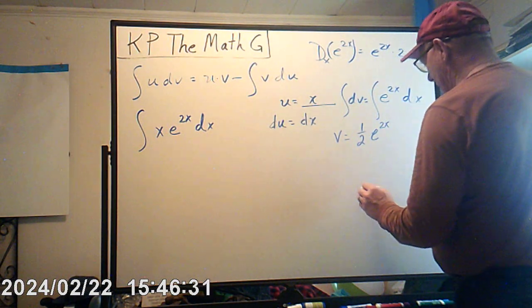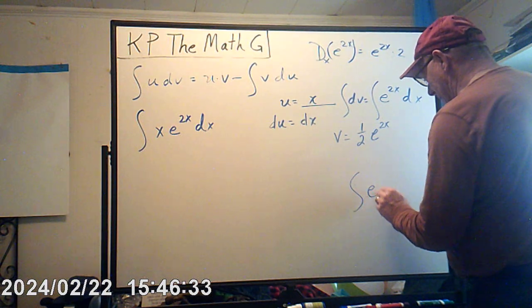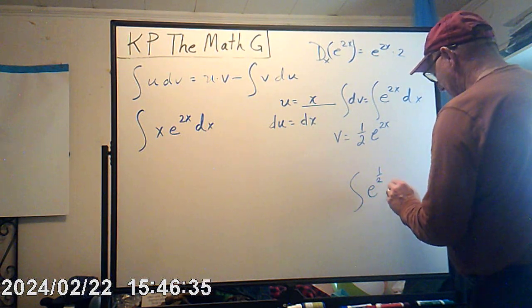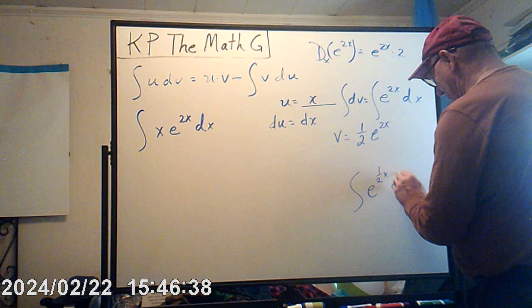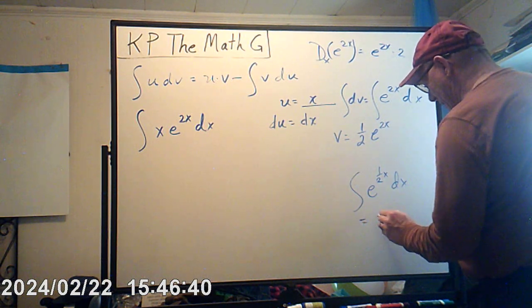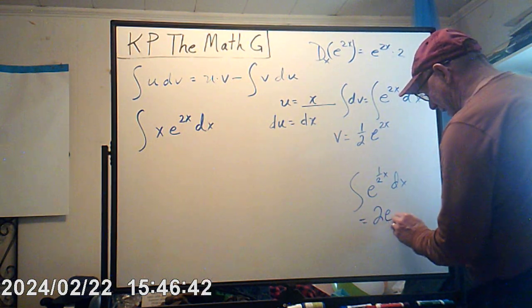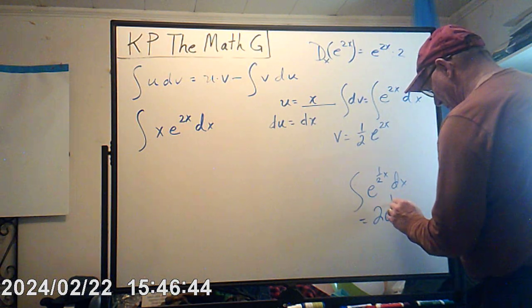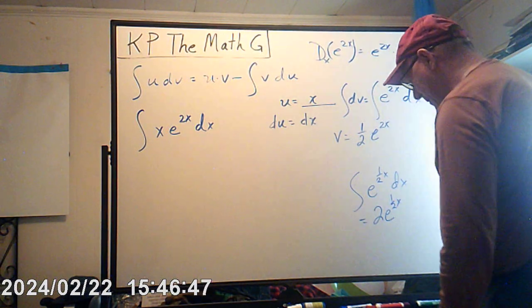If you're integrating e to the 1/2 x dx, then this is going to be 2e to the 1/2 x, like that.